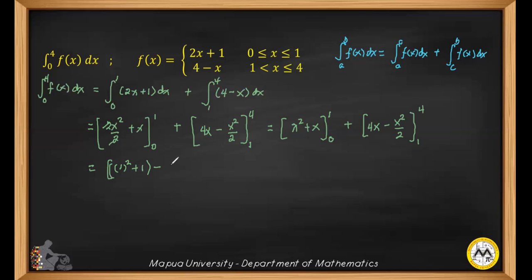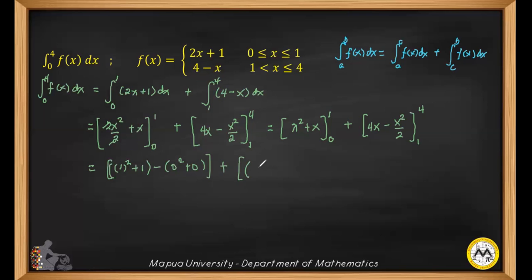Of course, this will give us 0 squared plus 0. Then plus the value of the indefinite integral 4x minus x squared over 2 at the upper limit.